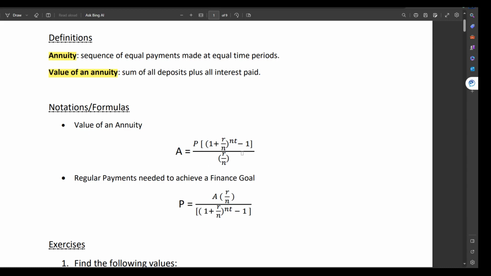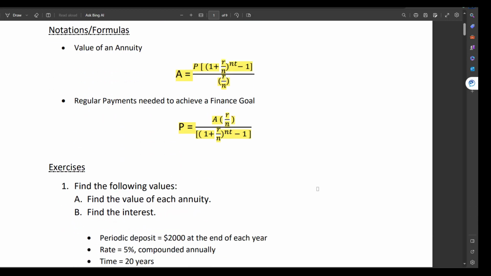So this is the formula that we are going to use for the future value of that account. And then the P is going to be the payments in order to reach your financial goal. So we have the future value and then your periodic payments.